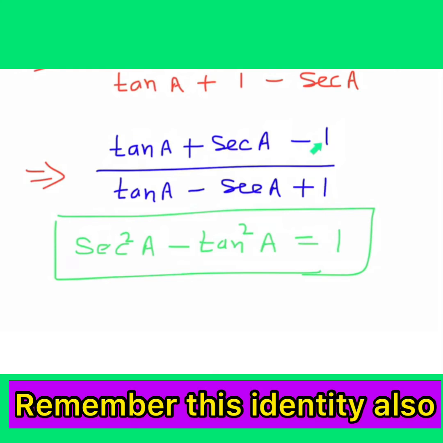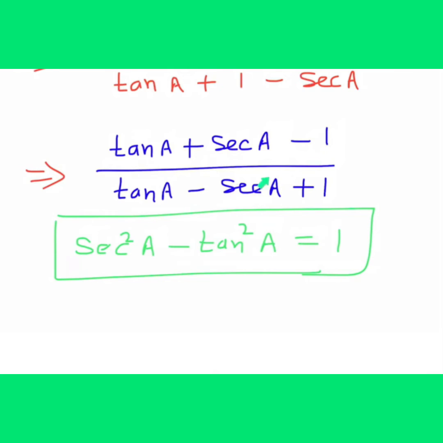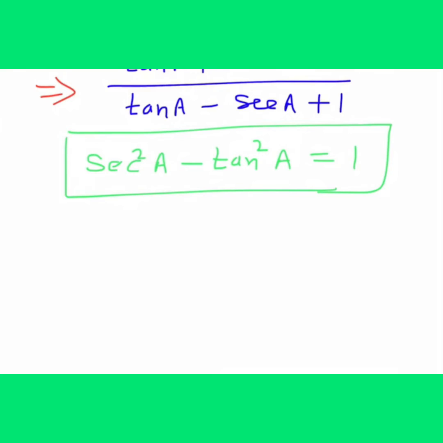So I think we will replace this 1 only in the numerator by this identity. In place of 1 we will write this expression, that is sec square A minus tan square A. And the denominator we will not touch. Okay, so what to do after this?